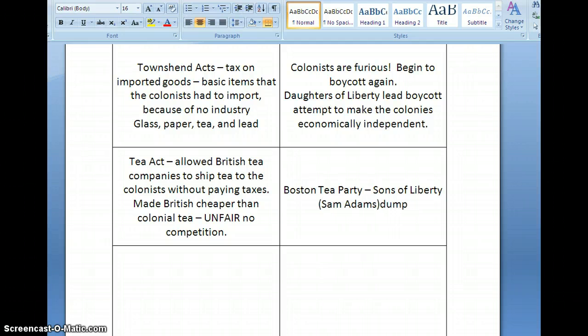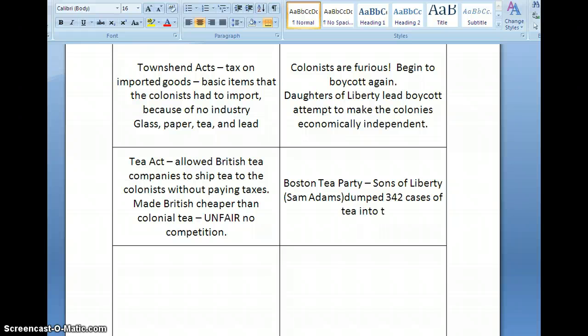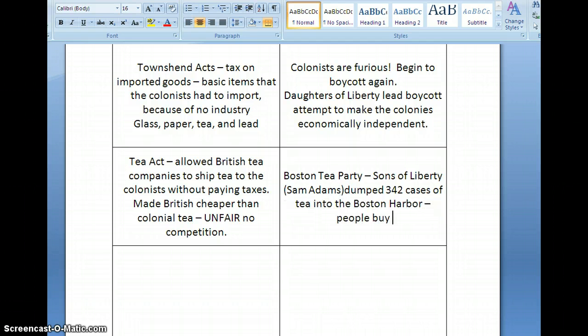What they did was they dumped 342 cases of tea into the Boston Harbor. And by doing this, this made people buy colonial tea. If there's no British tea, then they have to buy colonial tea.